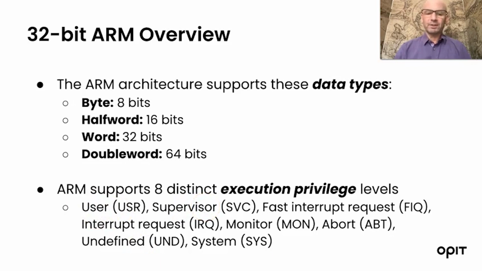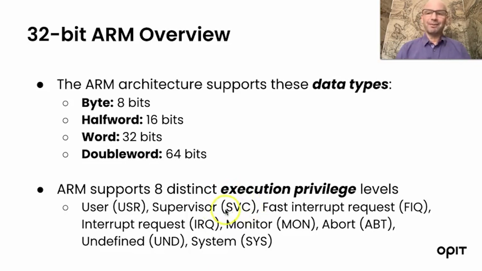The two interrupt request modes, FIQ, fast interrupt request, and IRQ, interrupt request, are used by device drivers for processing interrupts. Most operating systems running on ARM, including Windows and Linux, run the kernel in ARM SVC mode.